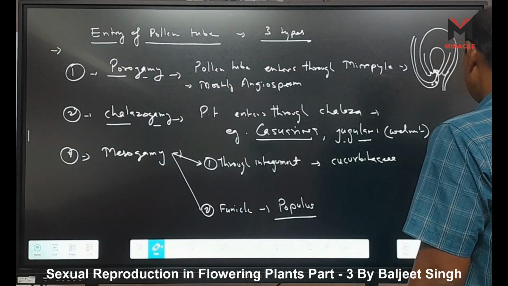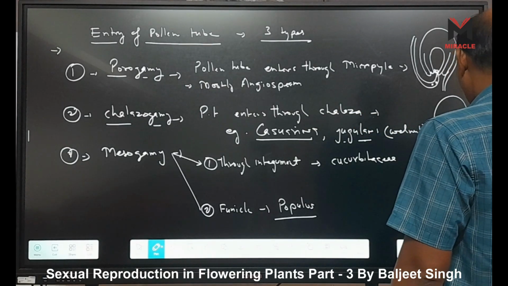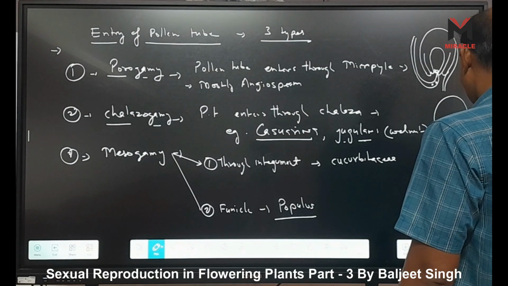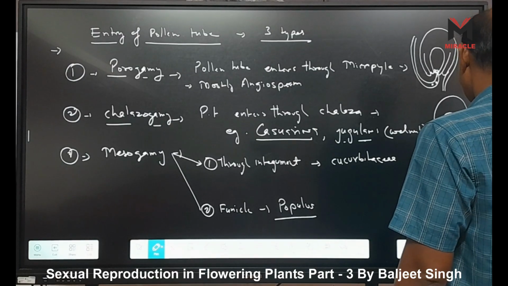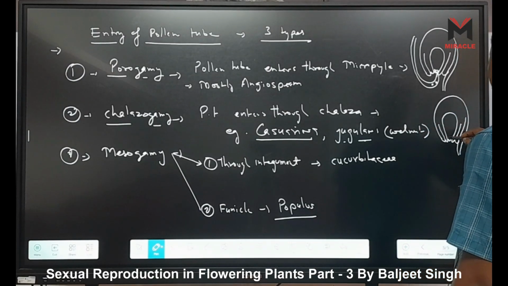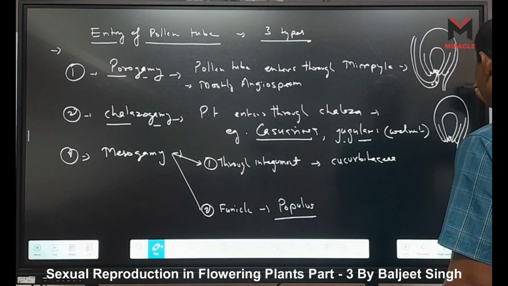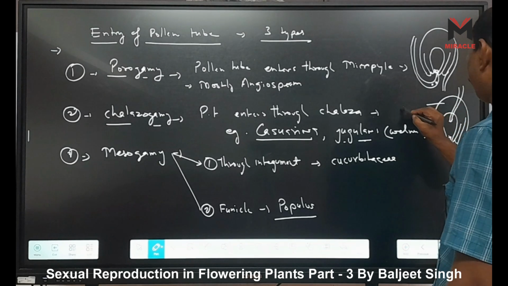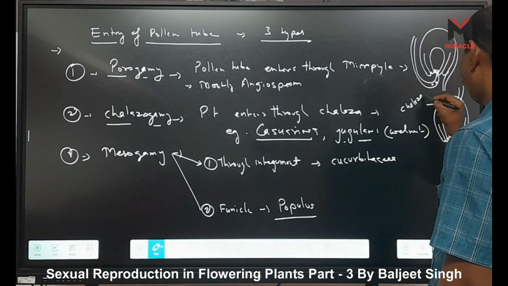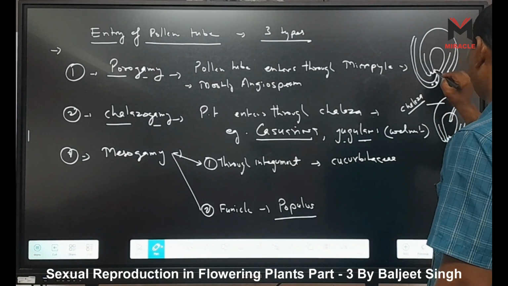Chalazogamy means what? This is the ovule. Now here what happens? This pollen tube enters through chalaza. This is chalaza, right? And this is micropyle, right?